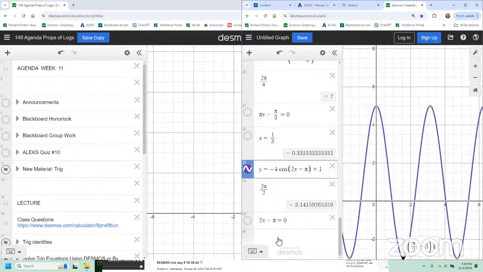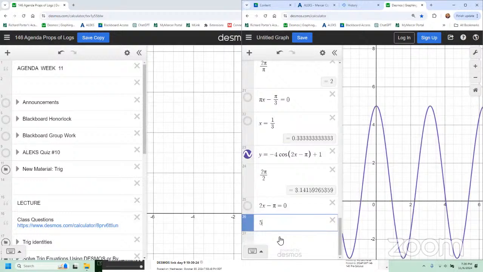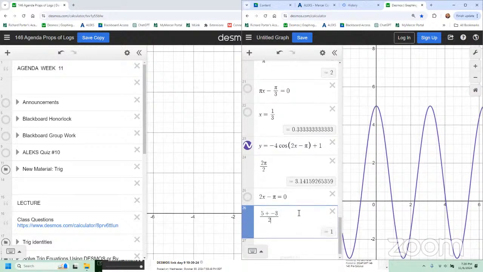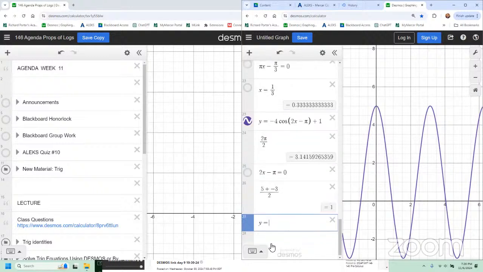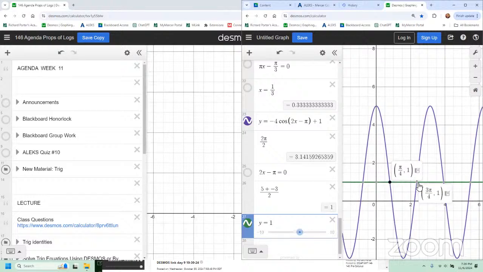What's exactly between 5 and -3? 5 plus -3 divided by 2 is 1. So if I graph y equals 1, that tells me I need those points there.